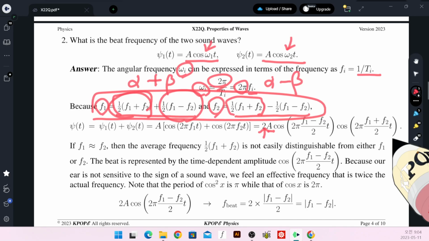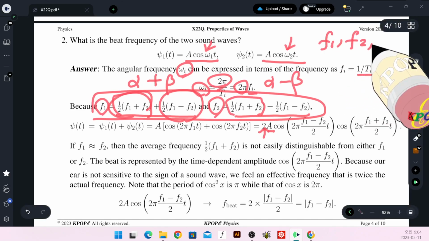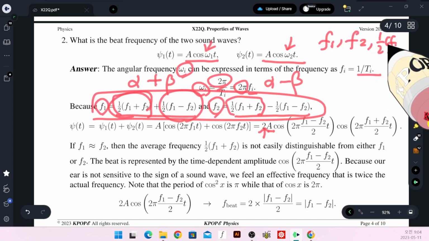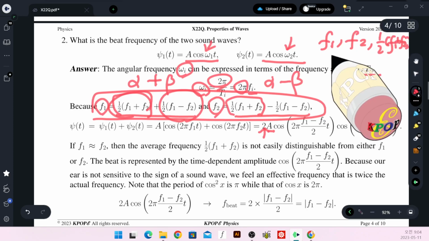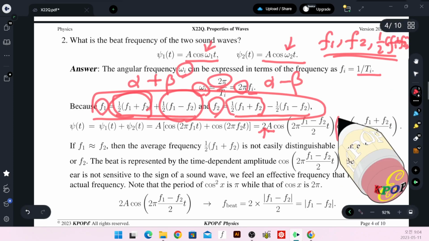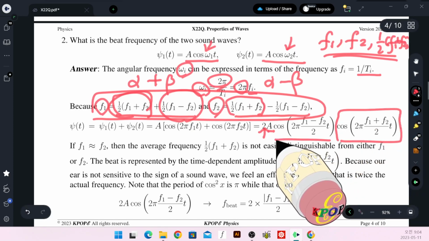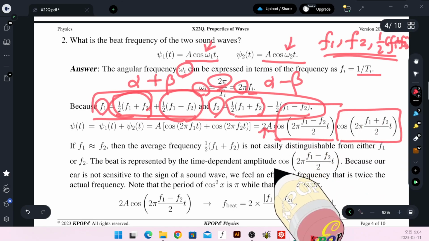By the way, we know that F1, F2, and 1/2 of F1 plus F2, the average value, are all very similar to each other. Therefore, we factor this out. An additional factor of cosine will give you this.